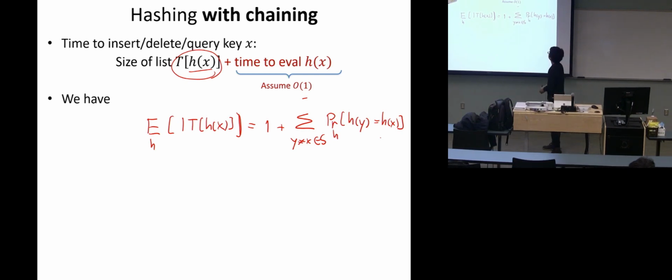Okay, so what is this? Does this make sense? At least, this is equal to the expectation of the size of the list.